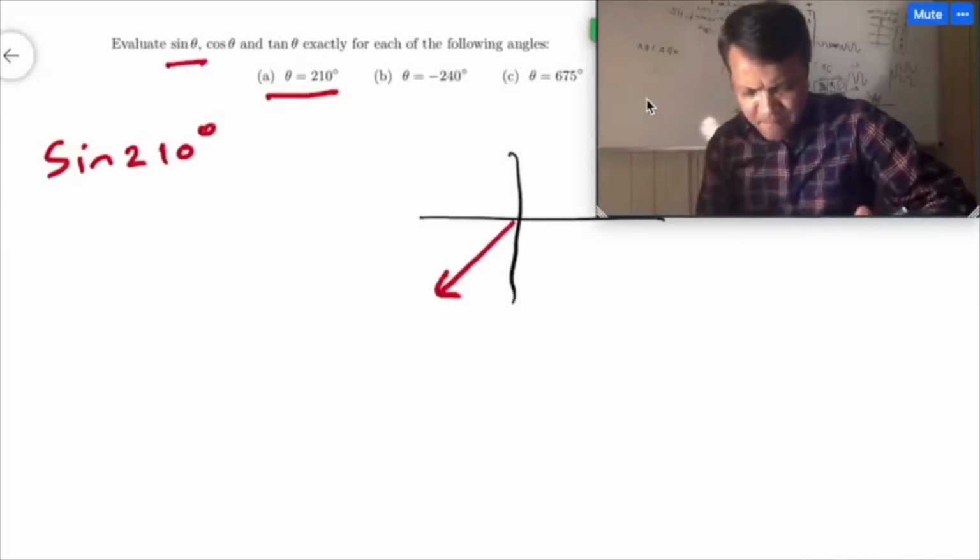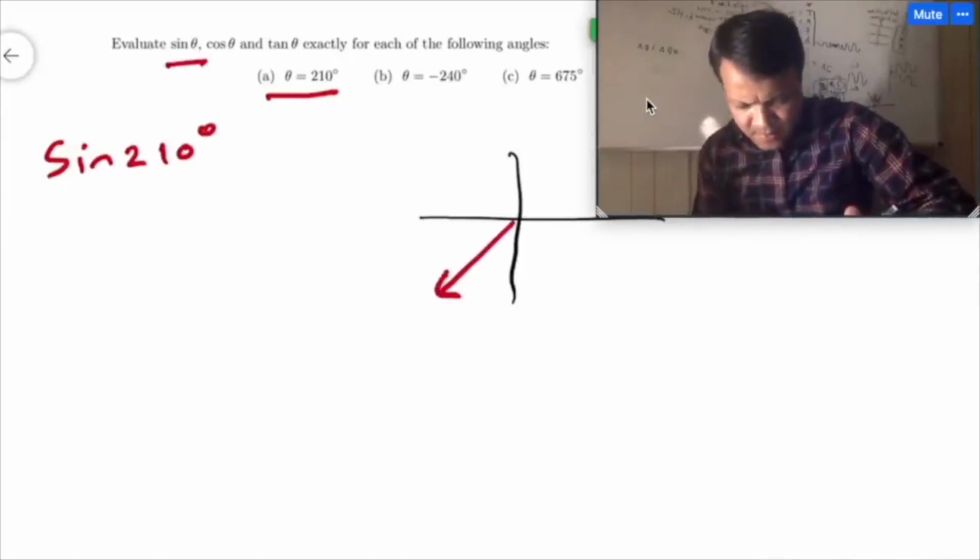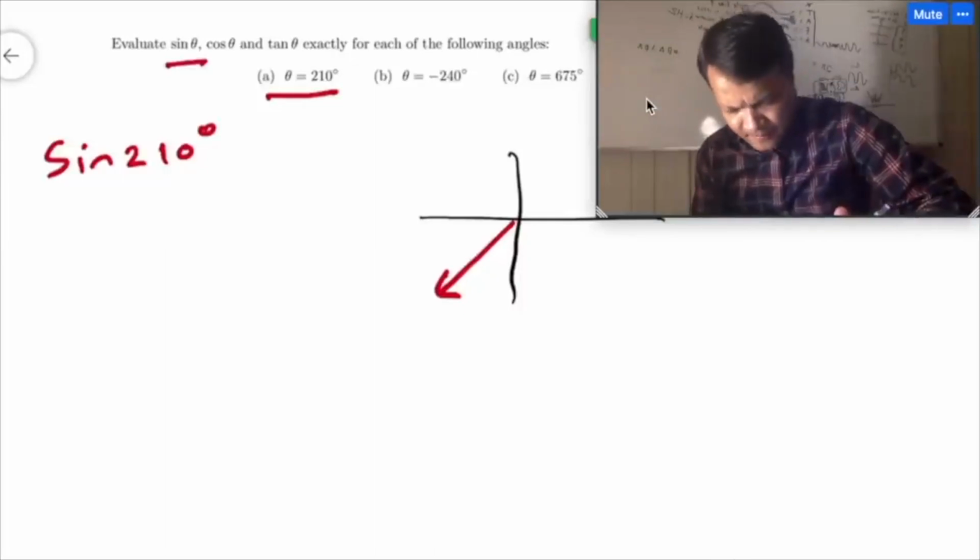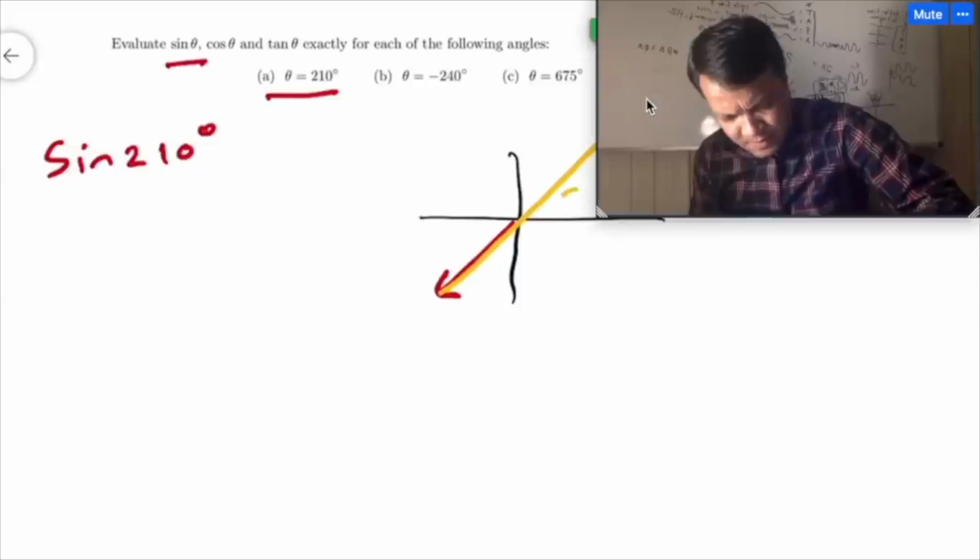That means 210 minus 180 would be 30 degrees. So this one is 30 degrees and this one is 210 degrees.